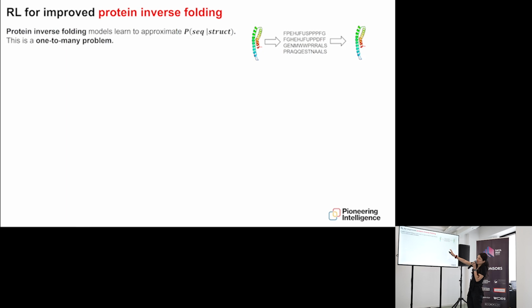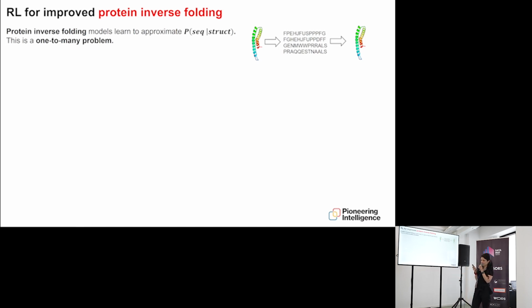Protein inverse folding models learn to approximate the probability, the likelihood of a sequence given an input structure. You give as an input your protein structure, usually just the so-called backbone, and you want your model to produce a sequence that would fold into that structure.